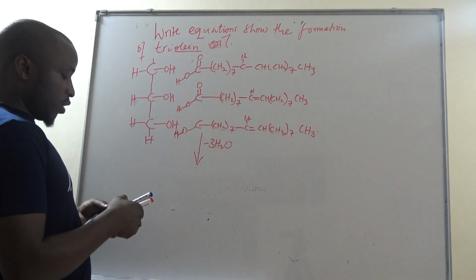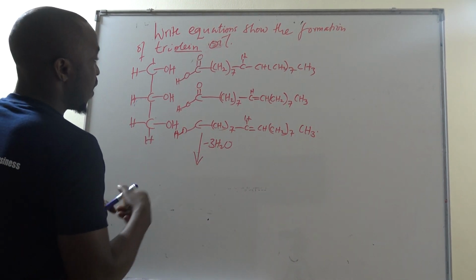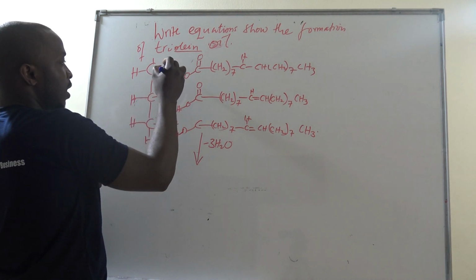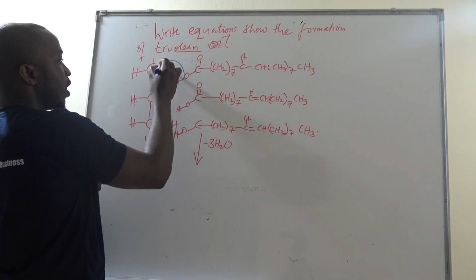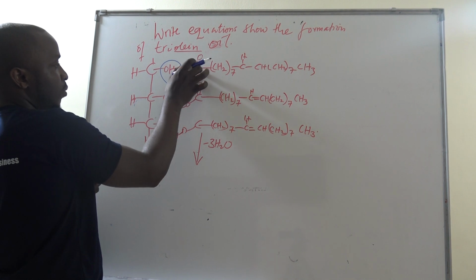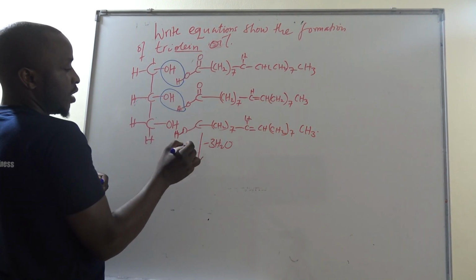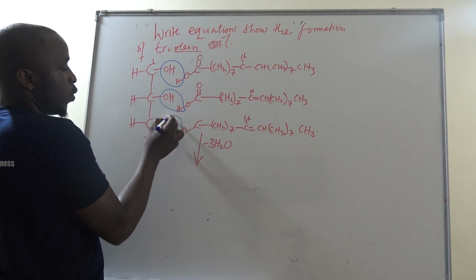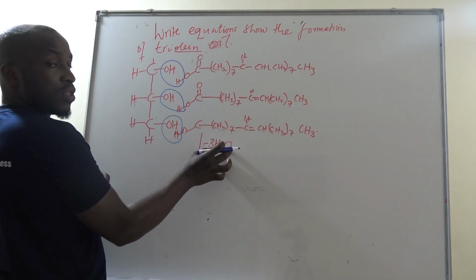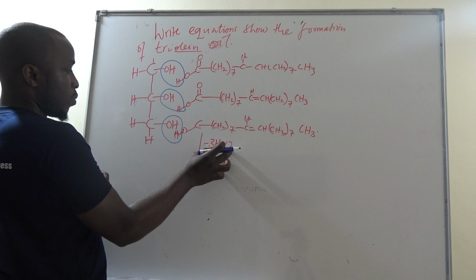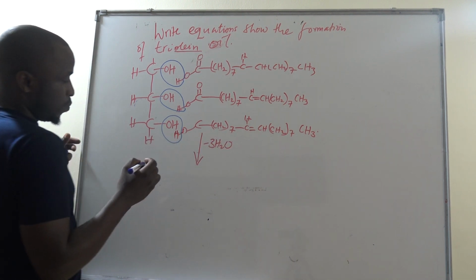The 3 water molecules that are going to be lost, now we are forming the bonds. This group will carry away that and establish an ester bond. This will go with that. This will go with that to form the 3 water molecules. So what will be left behind?